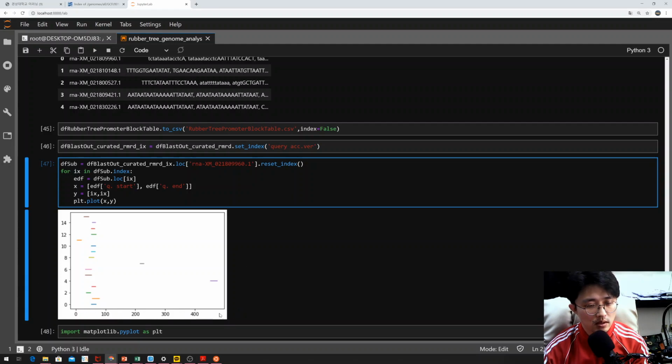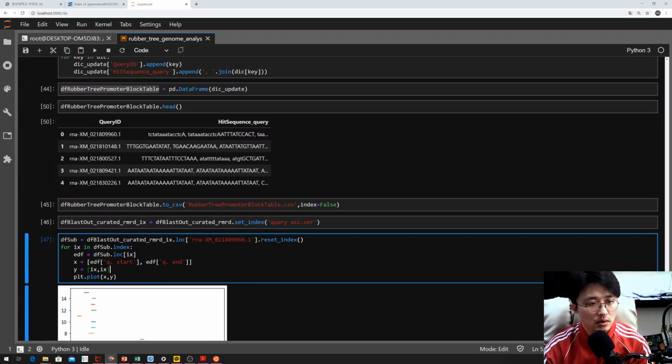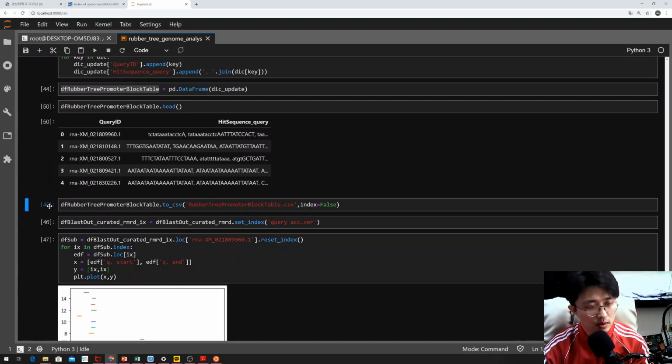This x-axis represents the base pair, and the y-axis represents the orders, right? So this is the orders of the promoter. So let me calculate the shared promoters.